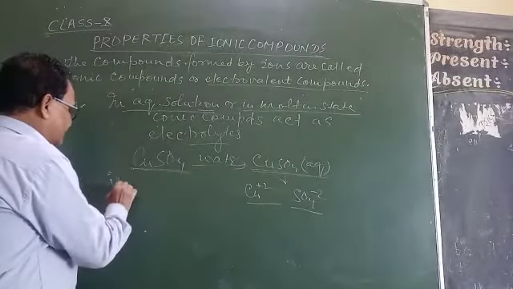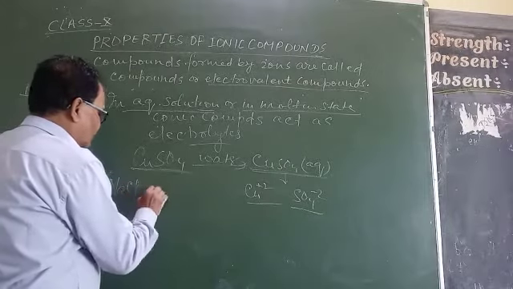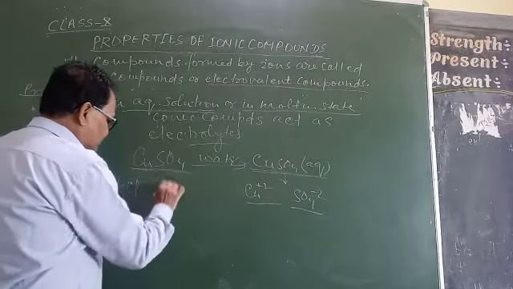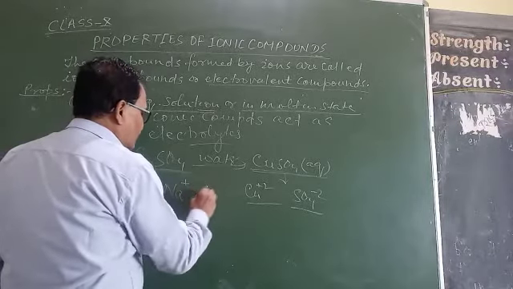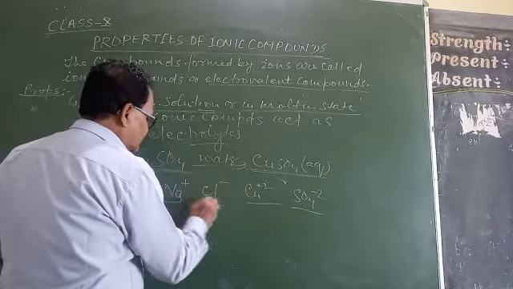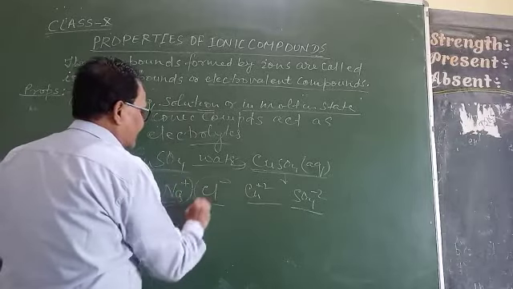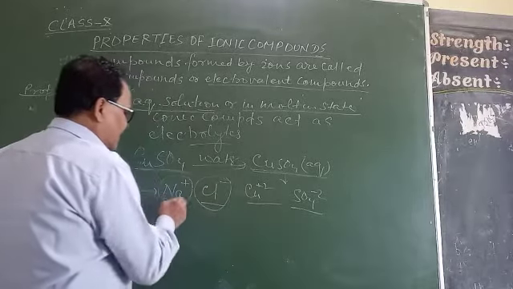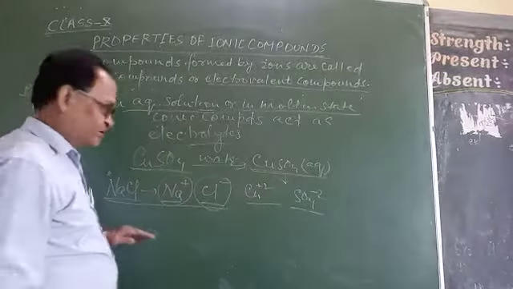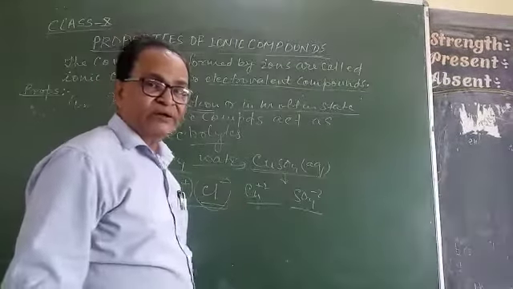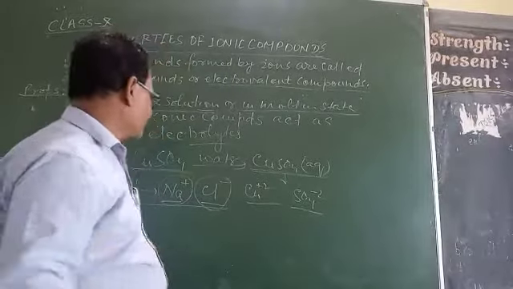In molten state, NaCl gets broken into two ions, sodium ion and chloride ion, and hence it conducts electricity, that is, it acts in molten state as an electrolyte.